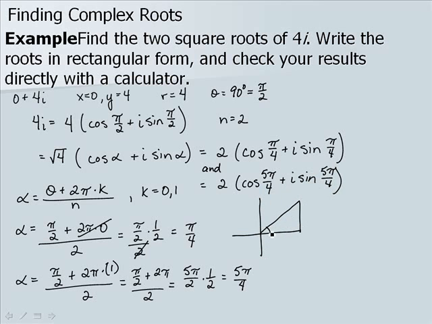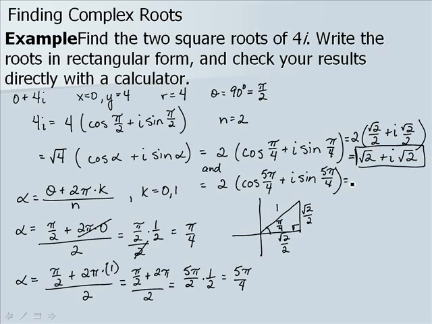Pi over 4 is going to be in quadrant 1, and we have the square root of 2 over 2, square root of 2 over 2, and 1. So here we'll get 2, the cosine of pi over 4 will be the square root of 2 over 2, plus i, and the sine of pi over 4 is the square root of 2 over 2 as well. Now when we distribute the 2 to both, you'll see that it cancels out with our denominators here, and we'll get the square root of 2 plus i square root of 2.